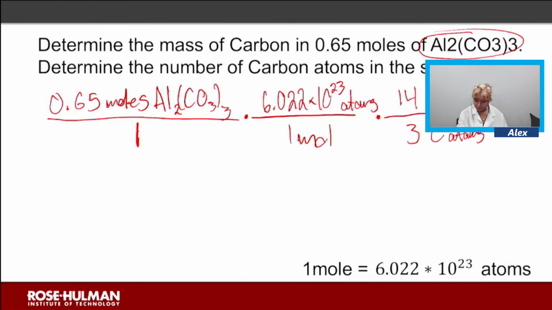This is technically for the second part of the equation, but I prefer to deal with these types of compounds in terms of atoms first before going into the mass, just because that's how I remember it.